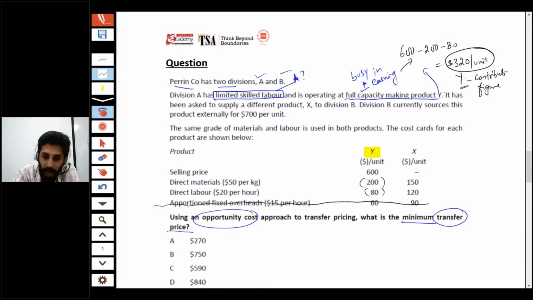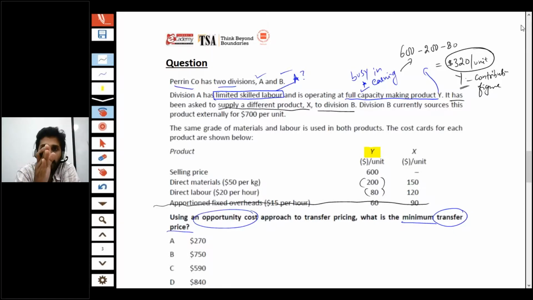It has been asked to supply a different product X to division B. You are the selling division. Assume that you are a seller division.